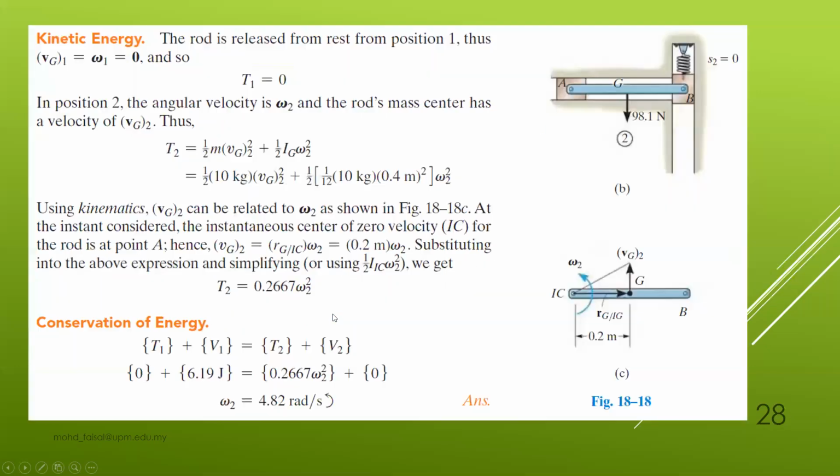Then after the process, the potential energy changes form into the kinetic energy T2. So you can get the value of omega, the angular velocity of this rod AB.